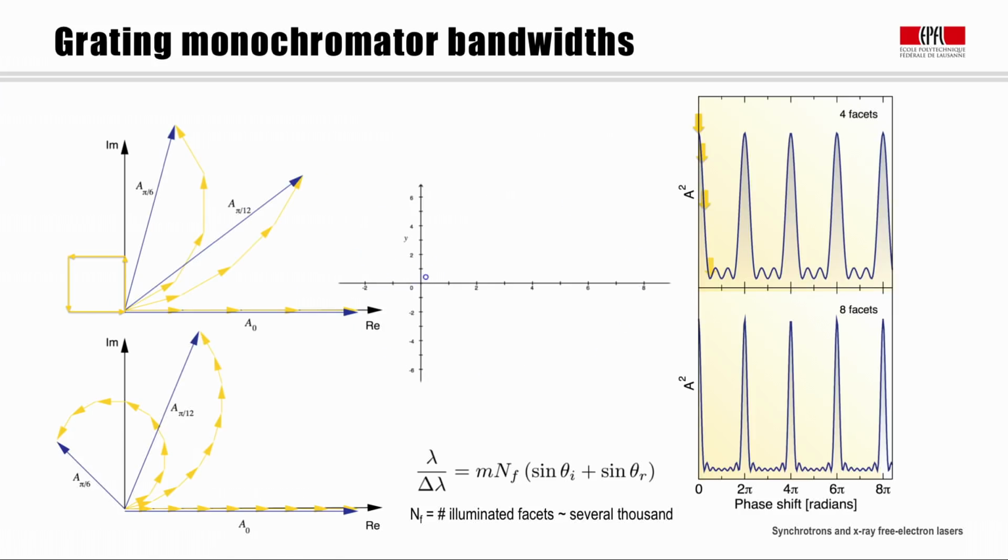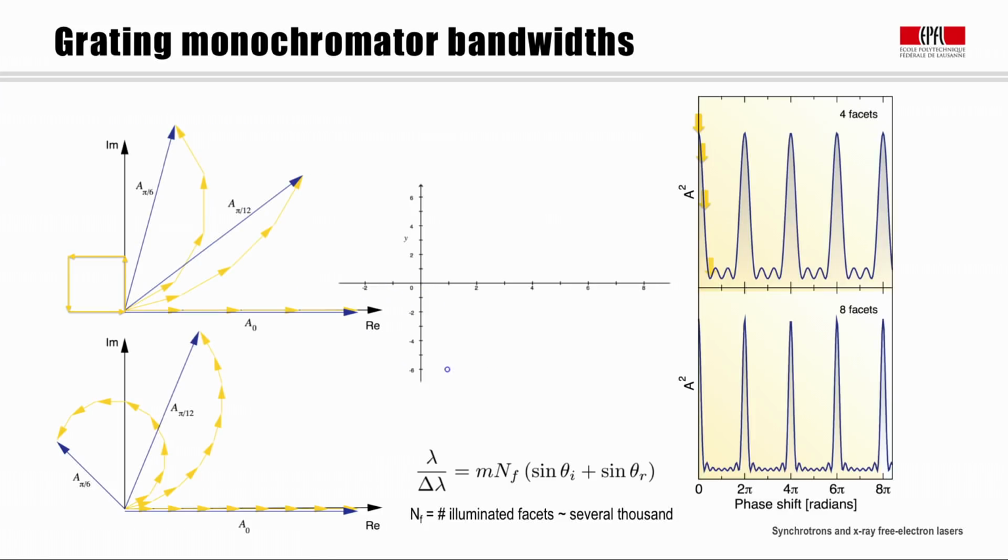The position and size of the total amplitude as a function of phase difference between 0 and 2 pi is shown in the animation in the center for 8 facets. The result is that the condition for constructive interference becomes stricter and consequently the interference maxima become narrower.